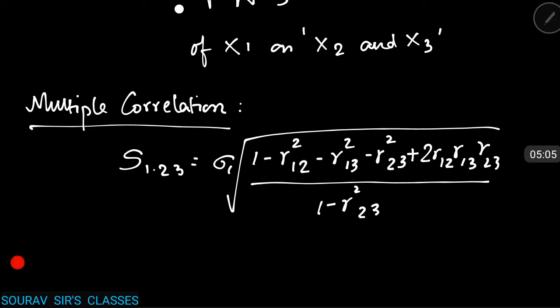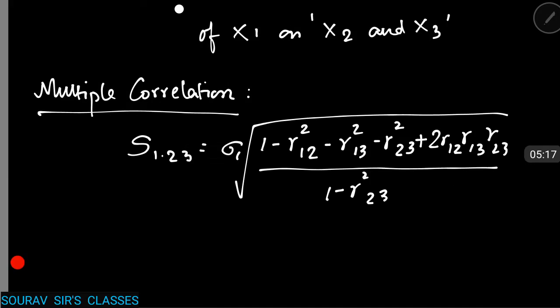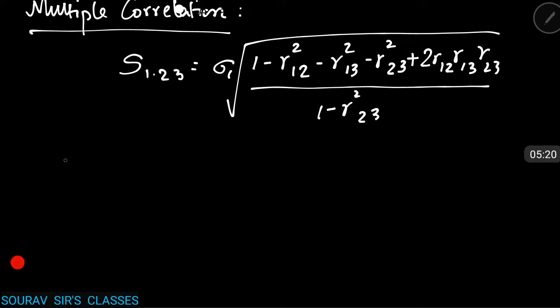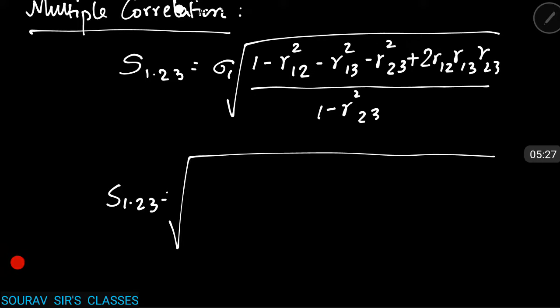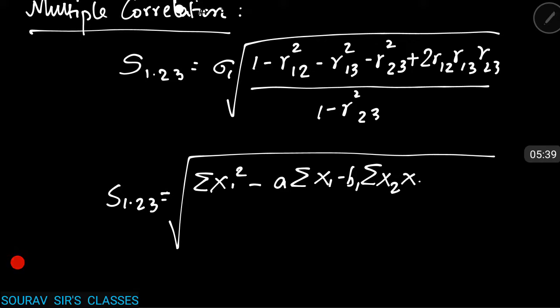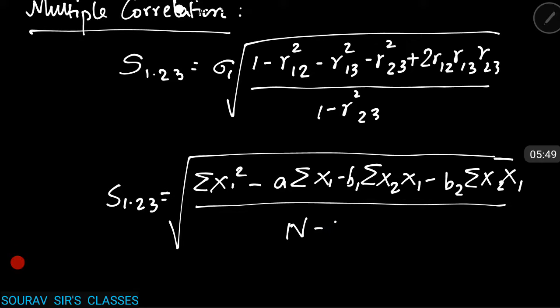If it is proposed not to calculate the estimated values of x for all data points and also not to calculate the partial correlation coefficients, the standard error of the regression estimate is S1.23 equal to root under summation x1 square minus a summation x1 minus b1 summation x2 x1 minus b2 summation x3 x1 divided by n minus 3.